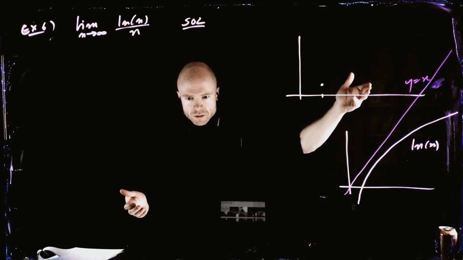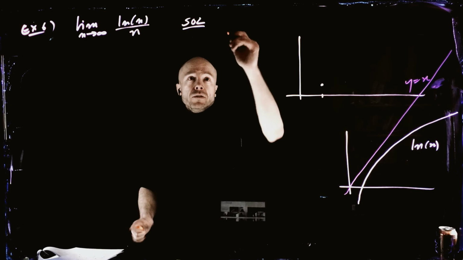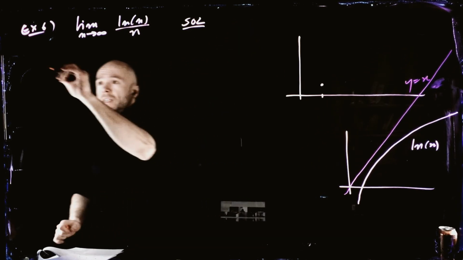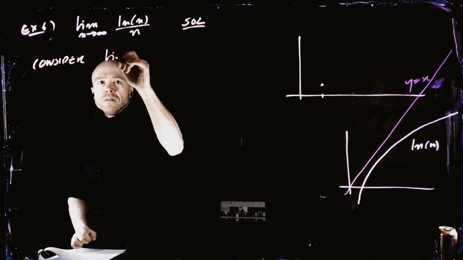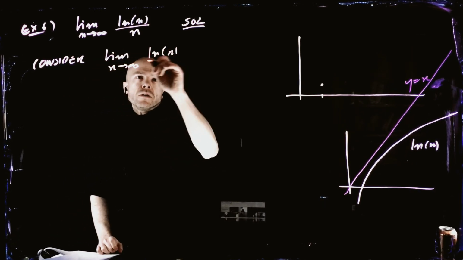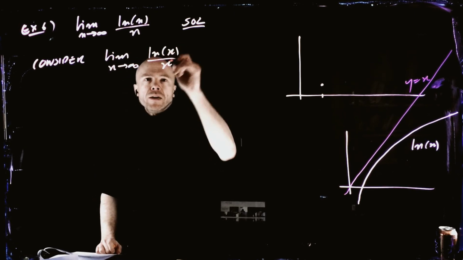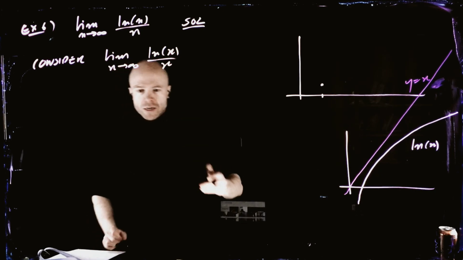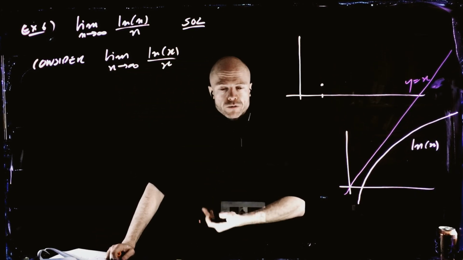So if I was asking you this question, consider this question from Calc 1. If I wrote this, hopefully before you applied L'Hopital's rule, you'd go, okay, but I know the answer because I know about the rates of growth of log and the rate of growth of y equals x.